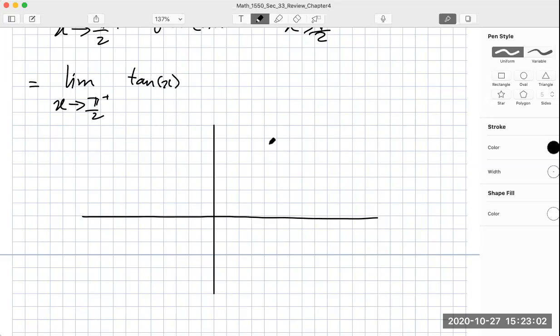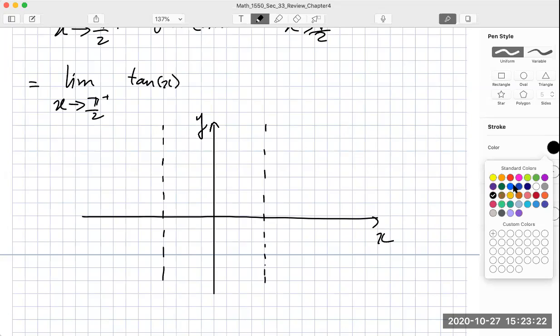Don't worry. Okay, now remember the graph of tangent. If this is x, this is y, then the graph of the tangent will be like this.